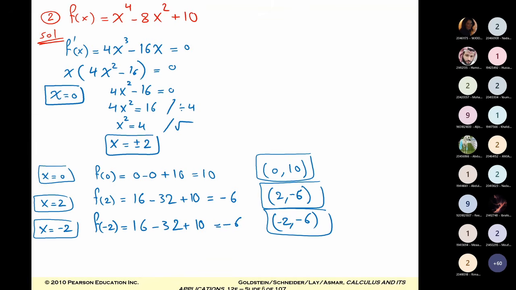Okay. Now after we find the stationary point, we can determine the interval of increase and decrease. How can we find the intervals of increasing and decreasing?